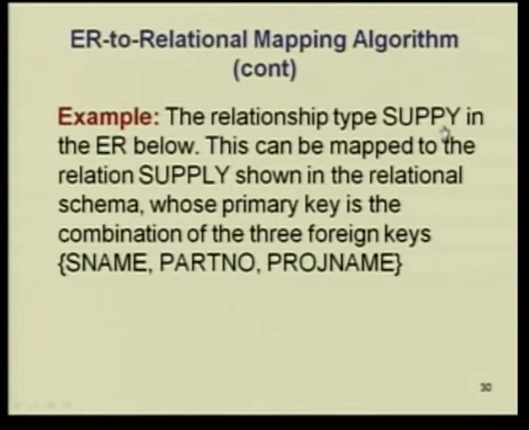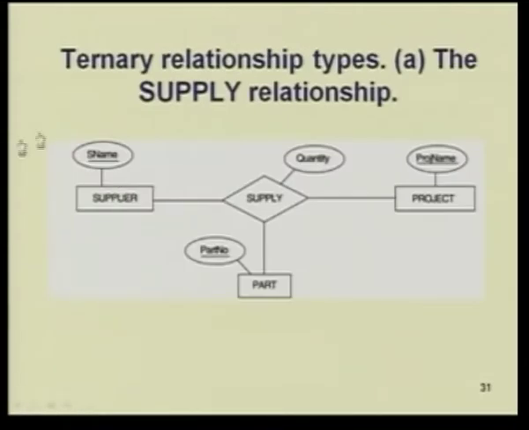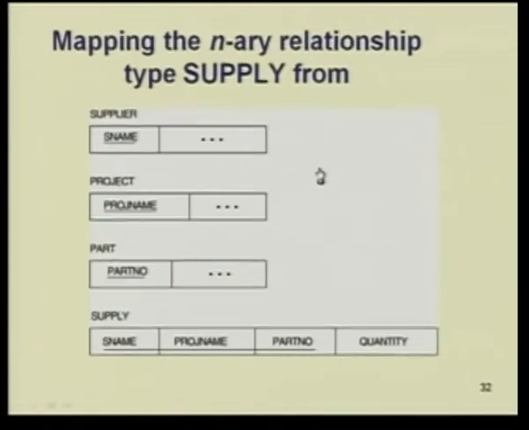Suppose you have supply in this ER diagram. It connects 3 entities, so it is not a binary relationship, it is a ternary relationship. This is a supply relation between supplier, project and part entities. Supplier has S name as primary key, project has project name and part has part name, and supply has its own attributes.